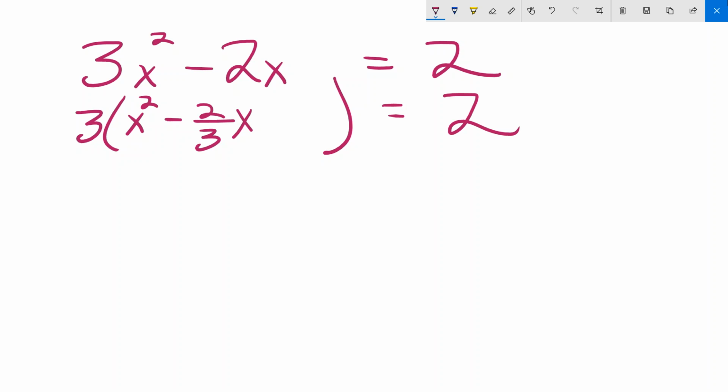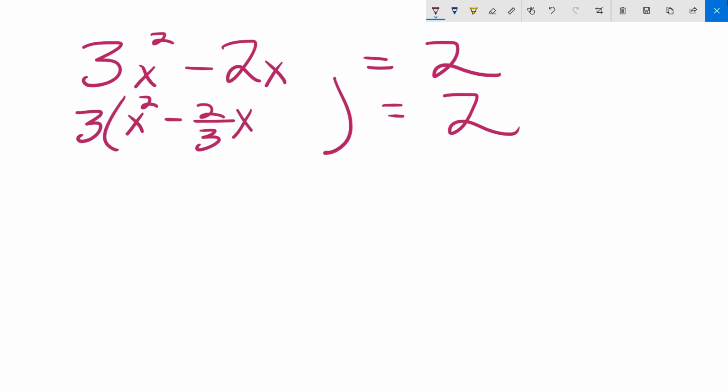Now you're ready to complete the square inside. So that's 3x squared minus half of 2/3, squared. So that's 2/6. Okay, simplify that before you square. 1/3 squared is 1/9.